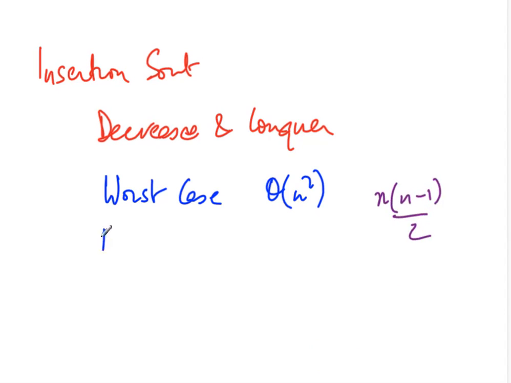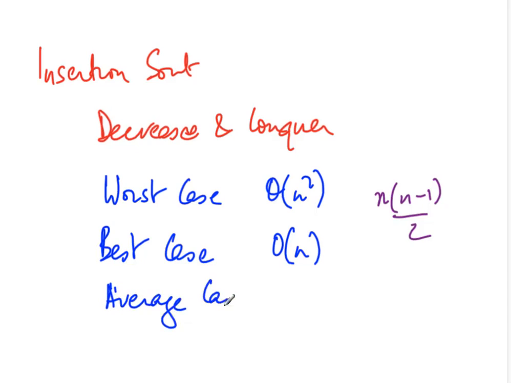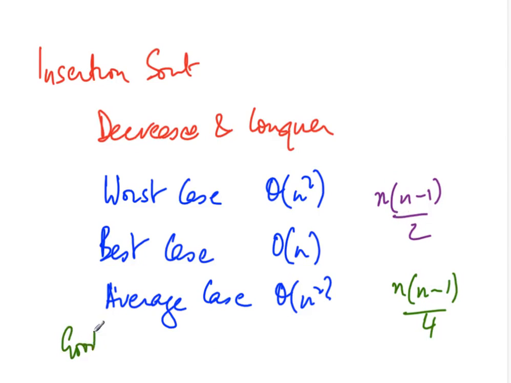It has a best case of O(n) when it's already sorted. It has an average case which is also theta n squared, but it is n into n minus 1 by 4, and therefore it is half the worst case, and it is good for small arrays, and so we can use it as a base case for something like quicksort.